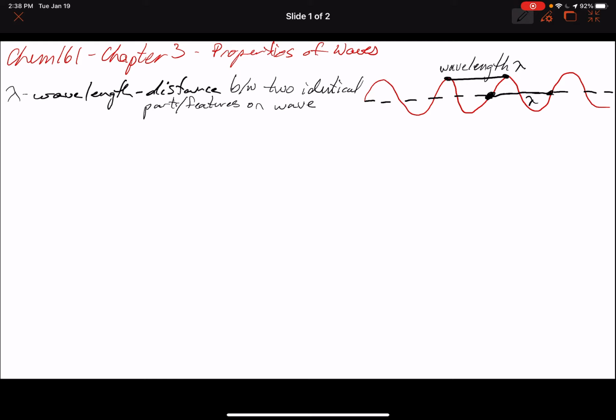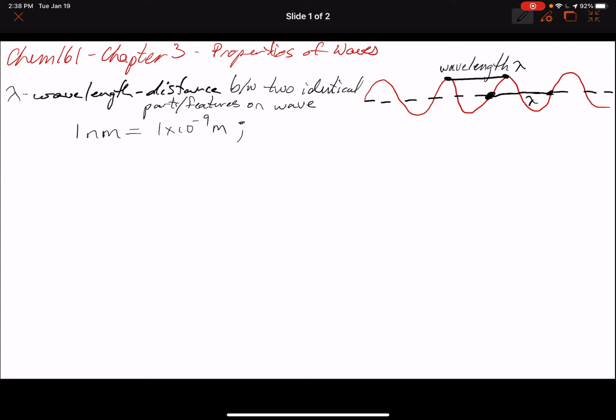In this course, we'll be dealing with waves that mostly have wavelengths that are very small, and so we'll see a lot of measurements that are on the order of nanometers. So I'll remind you at this point that we have 1 nanometer, which is equal to a billionth of a meter. So that is 1 times 10 to the minus 9 meters.